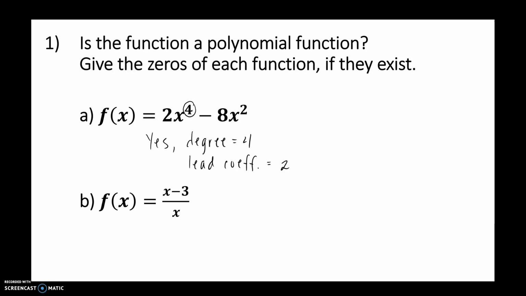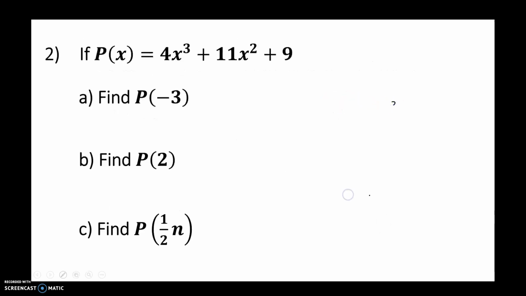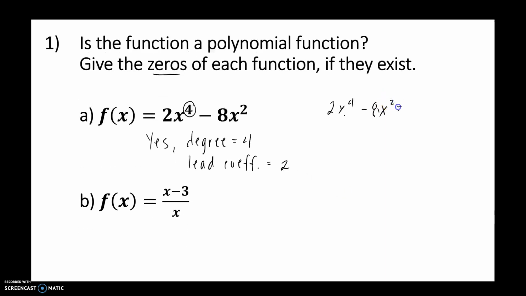Give the zeros. So the zeros, the solutions, the roots, the x-intercepts. I set this function equal to 0. I can factor out a 2x squared, leaving me with x squared minus 4 equals 0.